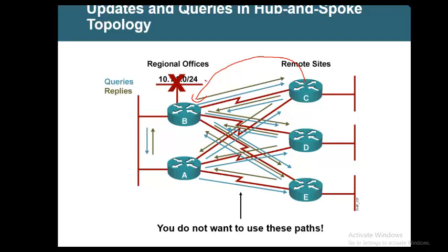B is not going to query and B will not get stuck in active, which is 3 minutes. What is stuck in active? When the primary path goes down for a destination, B sends queries.